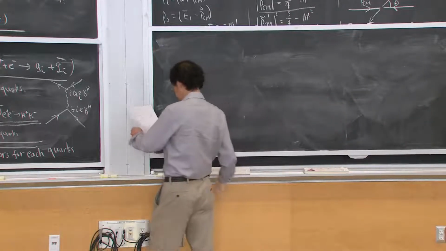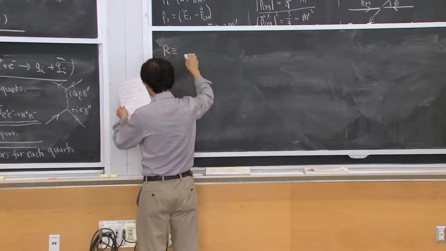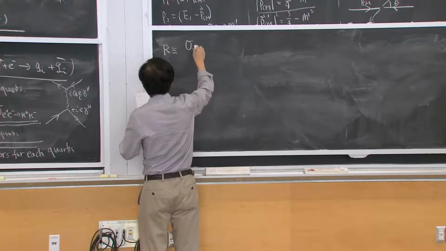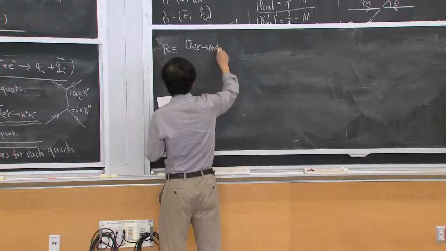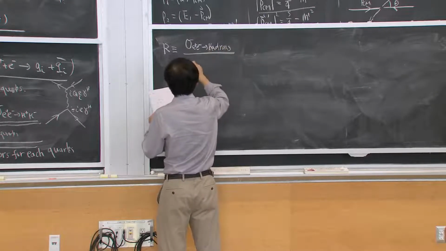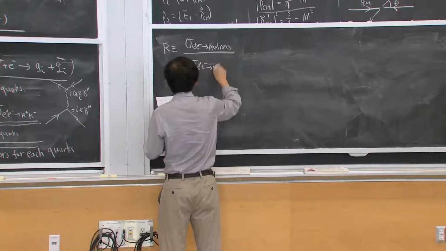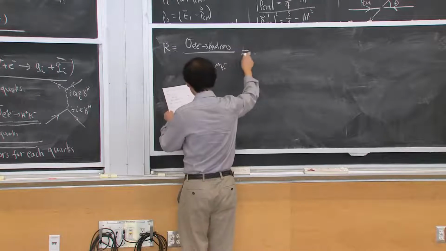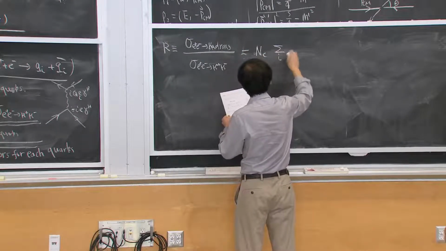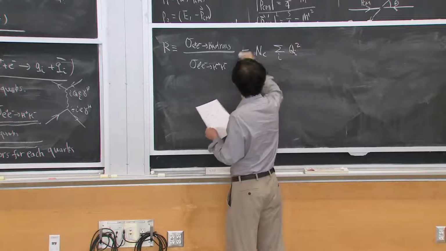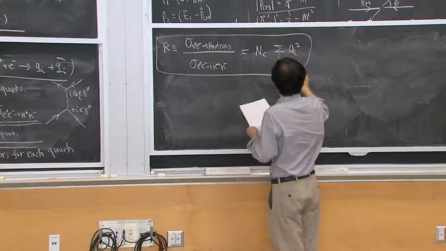R is defined by sigma of e plus e minus goes to hadrons, divided by sigma of e plus e minus goes to mu plus mu minus. And this is just given by NC times the sum over flavors i of Qi squared.